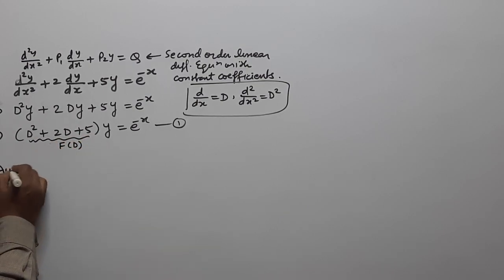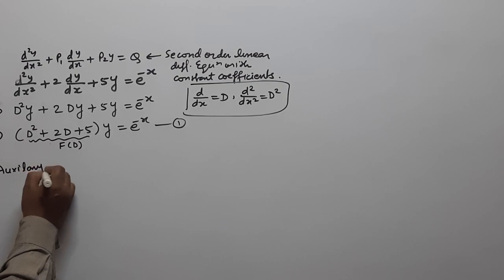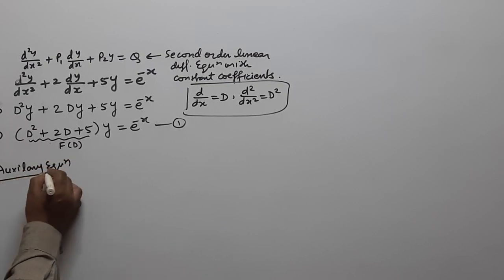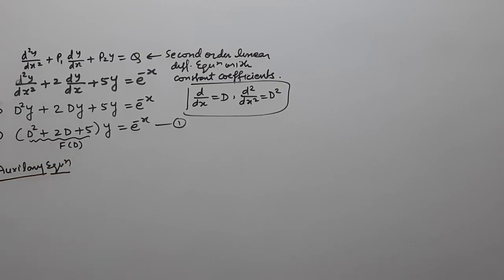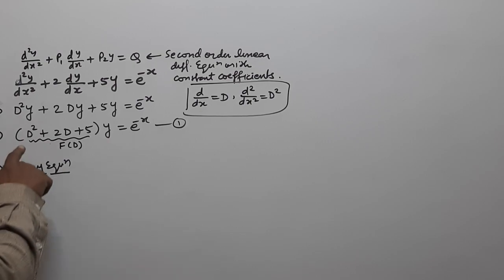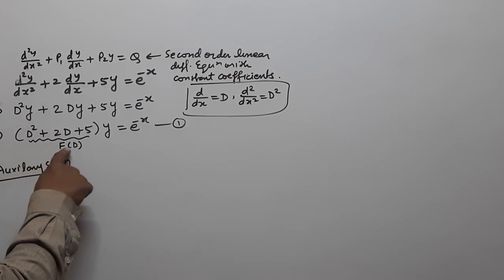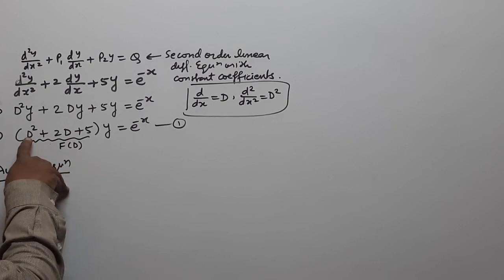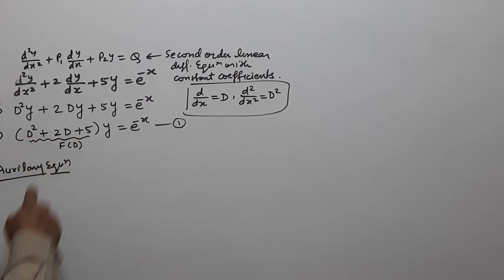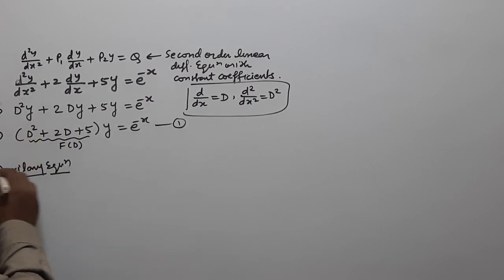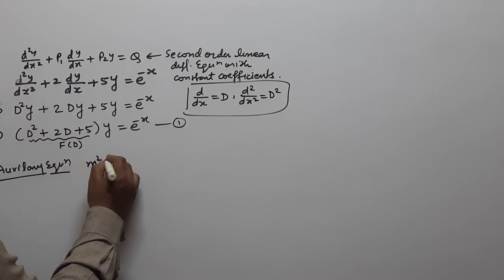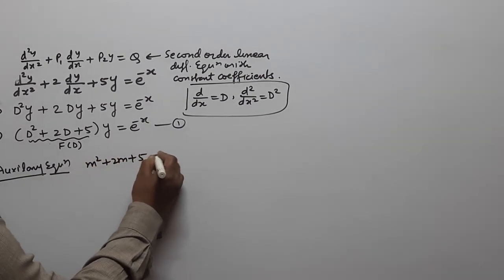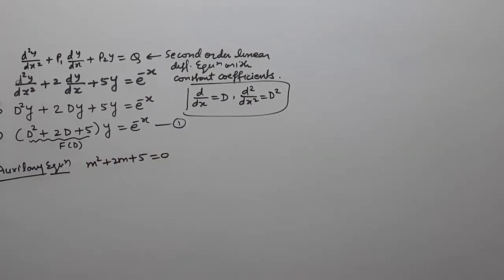First we find the auxiliary equation. For that, we put small m in place of capital D in f(D). So m square plus 2m plus 5 is equal to 0. This is the auxiliary equation.